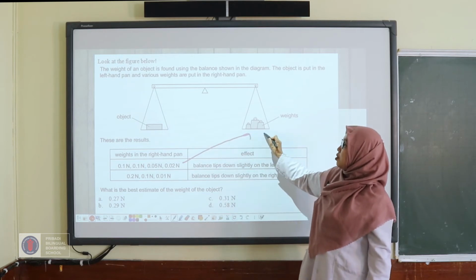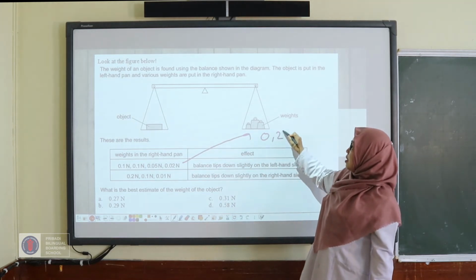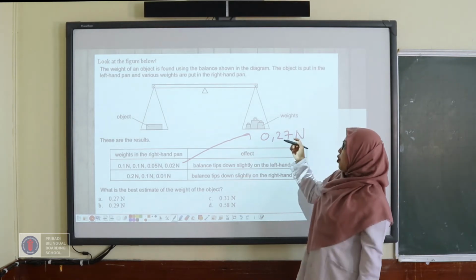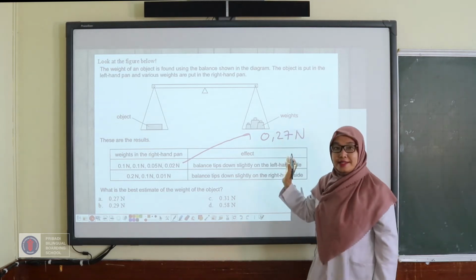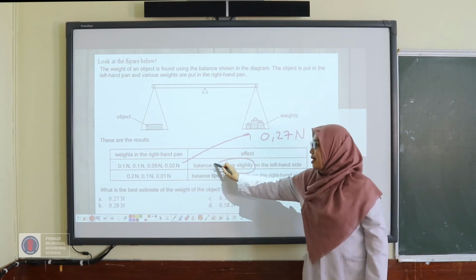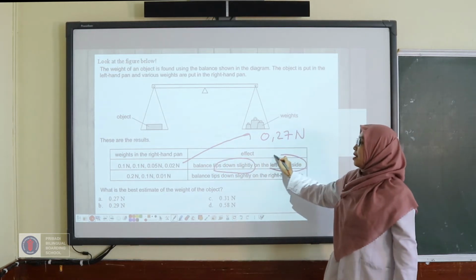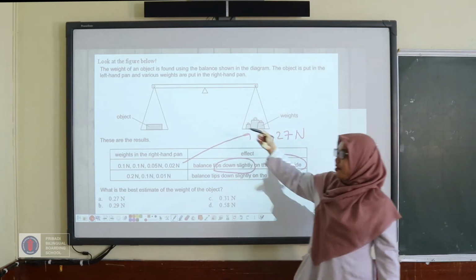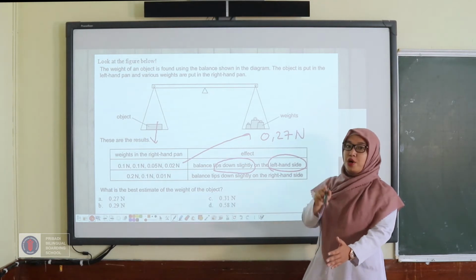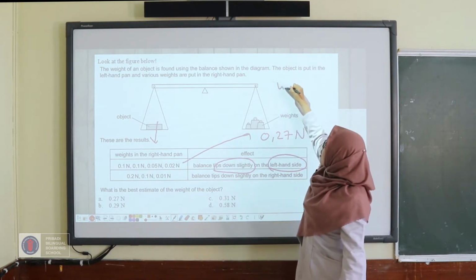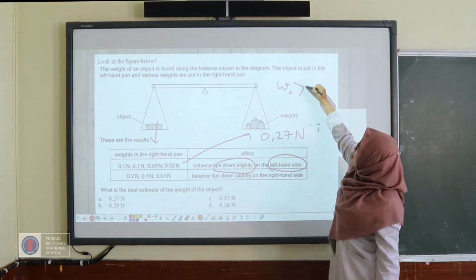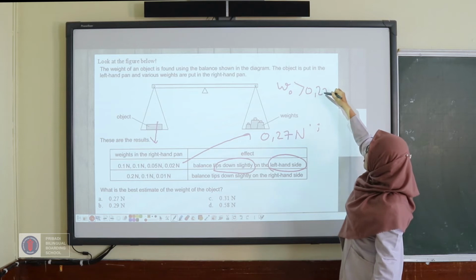The total weight equals 0.27 Newton. When she put 0.27 Newton on the right side, the balance tips down slightly on the left hand side. It means that the left side is heavier than the right side, so we can conclude that the weight of the object must be larger than 0.27 Newton.